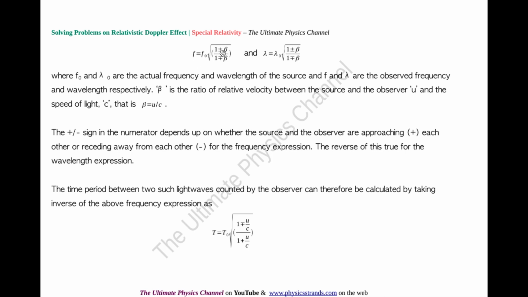When we have taken frequency with that expression, the wavelength correspondingly will be opposite of it. So it will be lambda is equal to lambda naught times square root of (1 minus beta) over (1 plus beta).